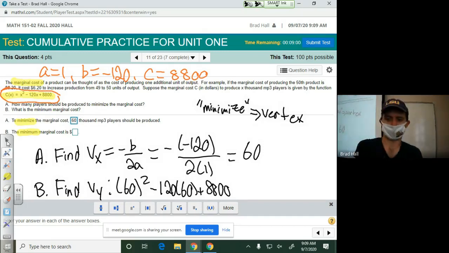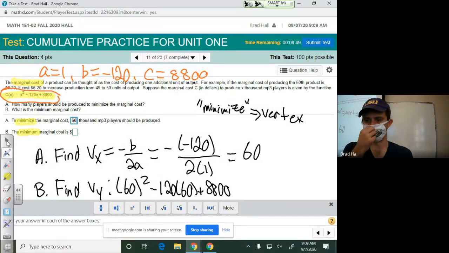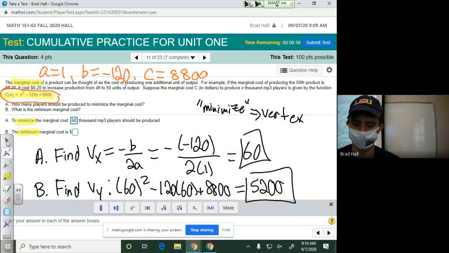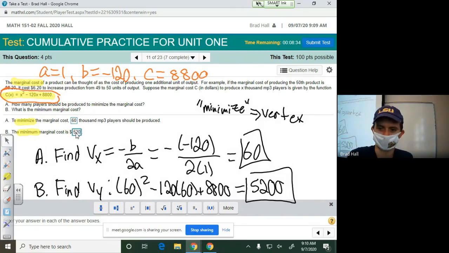And so this is calculator work. $5,200. So A was 60, B is 5,200. And that's it. So don't let this type of word problem throw you off.